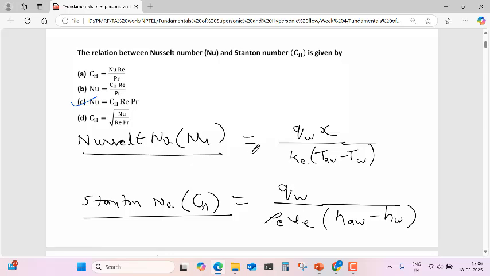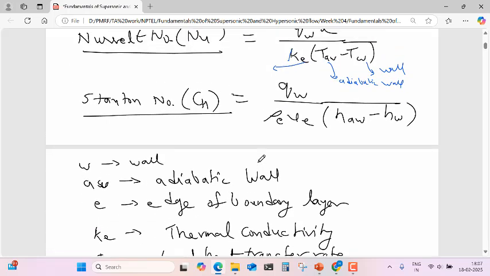Nusselt number Nu is given by Qw x upon Ke (Taw minus Tw). And Stanton number Ch is given by Qw upon rho e Ue (Haw minus Hw). Here subscript w is for wall, aw is for adiabatic wall, and e is for the edge of the boundary layer.